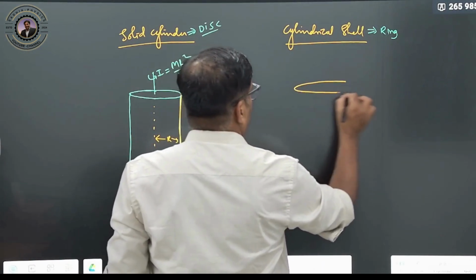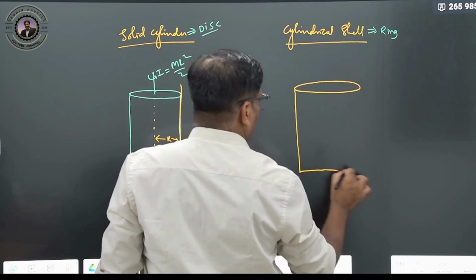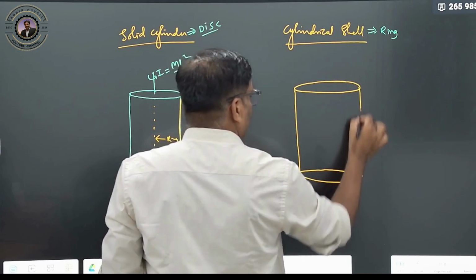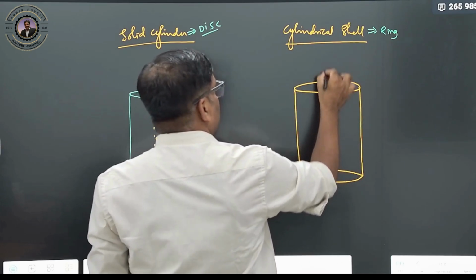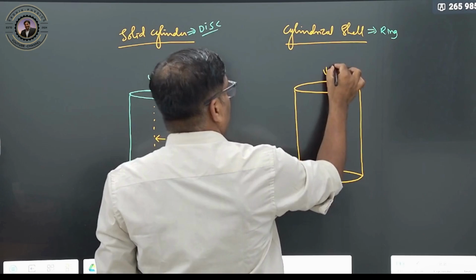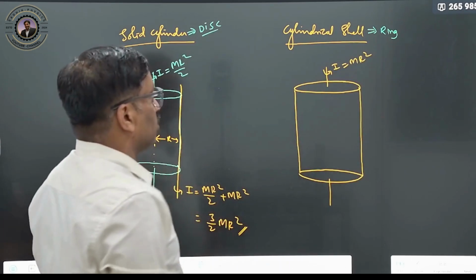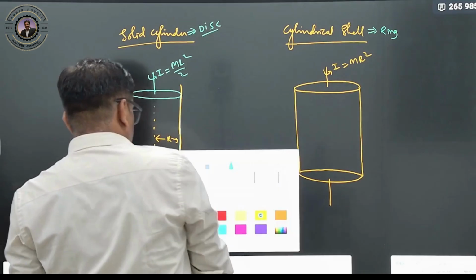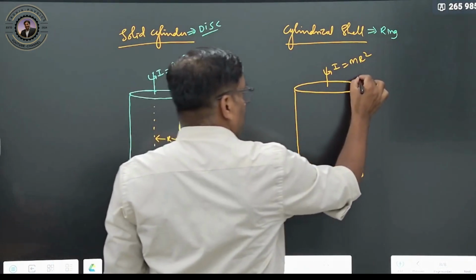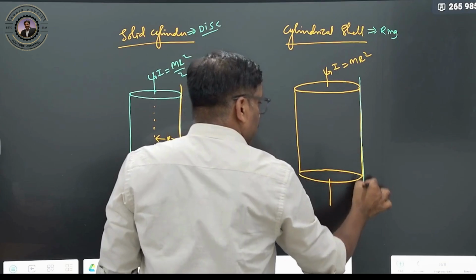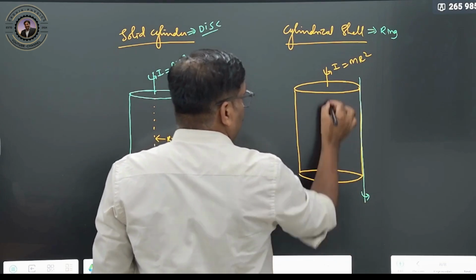Similarly here, it is nothing but a ring. So the moment of inertia of this one is MR square. Clear? So here, now, for an axis passing through this one, how much will it be?